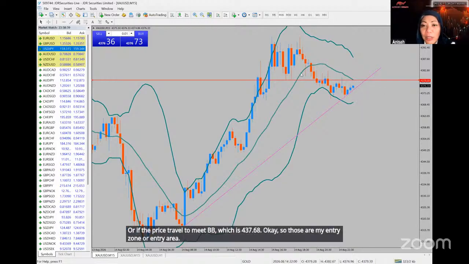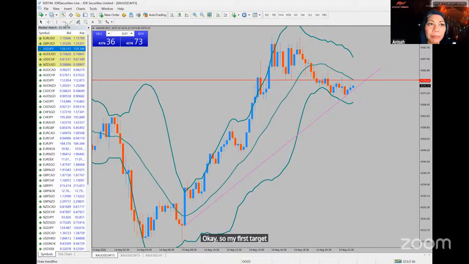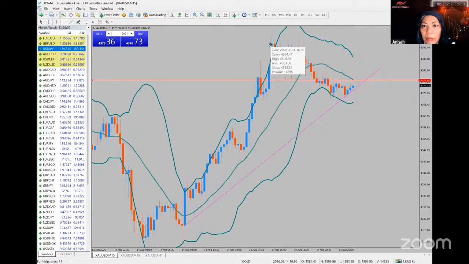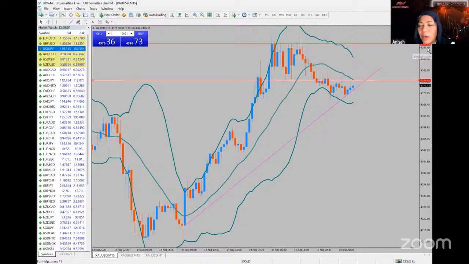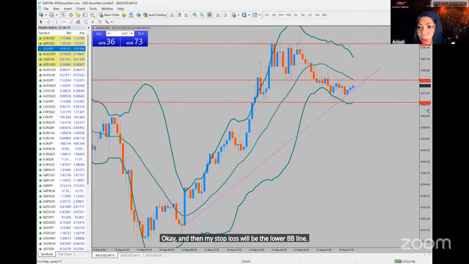So those are my entry zone or entry area. My first target would be 4393.93. And then my stop loss will be the lower BB line, which is 4369.33.